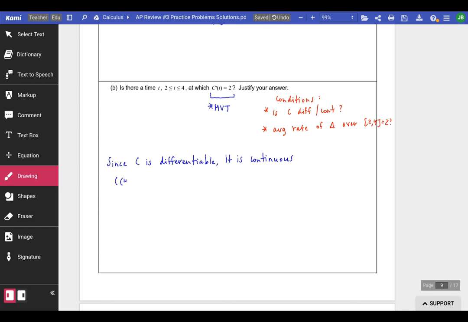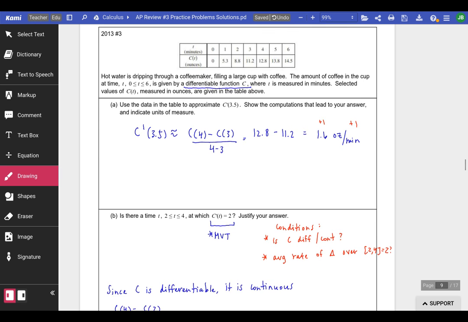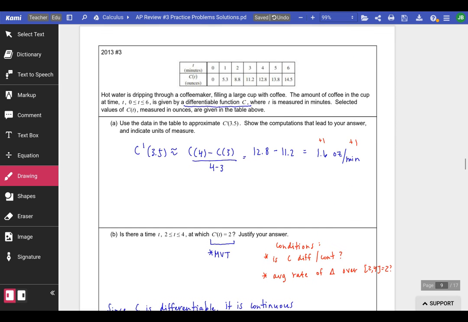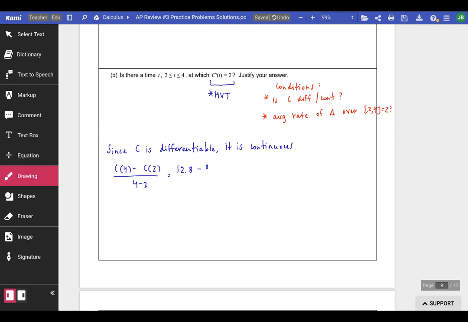I'm going to calculate C of 4 minus C of 2 all over 4 minus 2. Going back to the table, C of 4 was 12.8 minus C of 2, which is 8.8. This is looking good. All over 2, I get 4 over 2, which is equal to 2. So we know the average rate of change over that interval is 2.